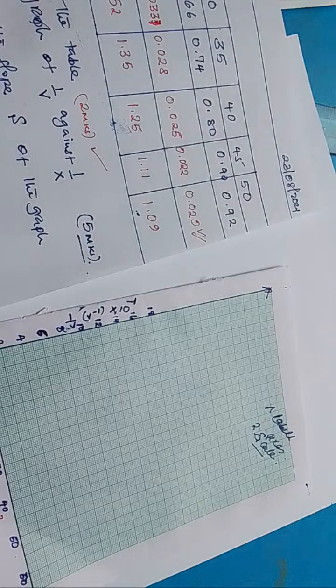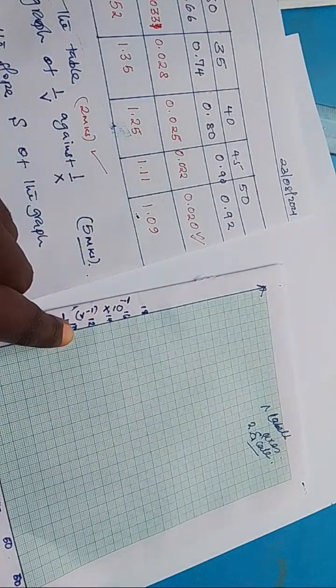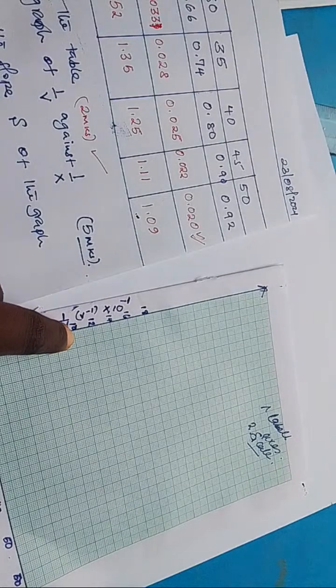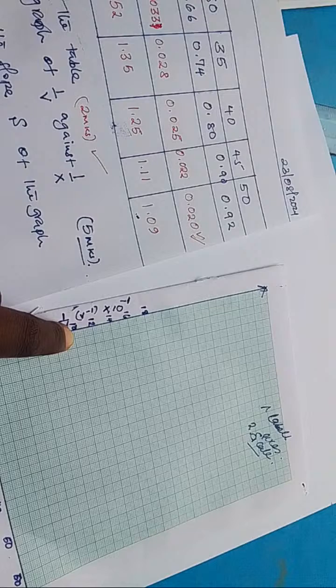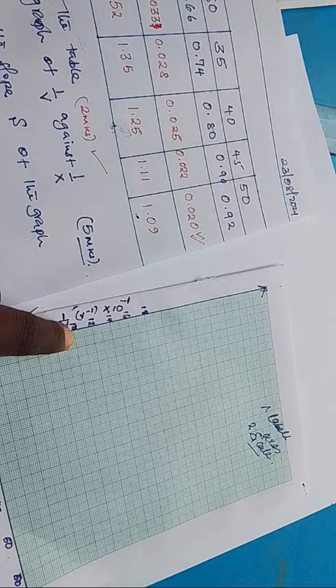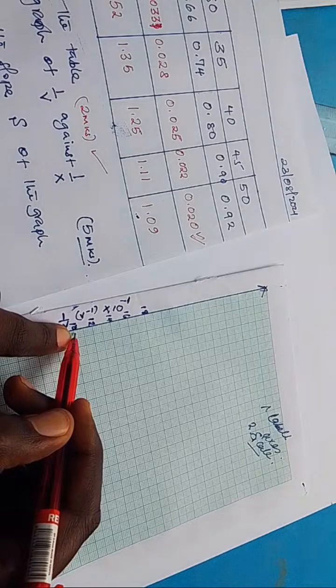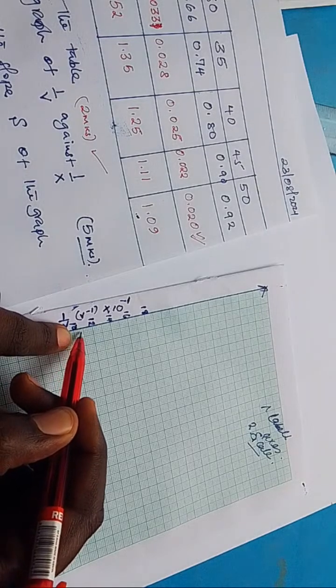Therefore, a small box will be 2 divided by 10. This means that a small box is 0.2. So now I need to have 10.9. So above 10, I'm having 0.9. Then I divide by 0.2. So that now I get 4.5 small boxes. So 1, 2, 3, 4.5.